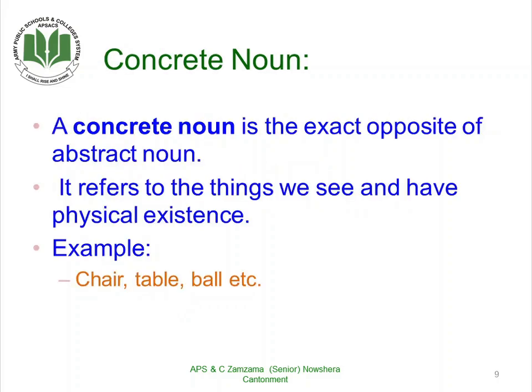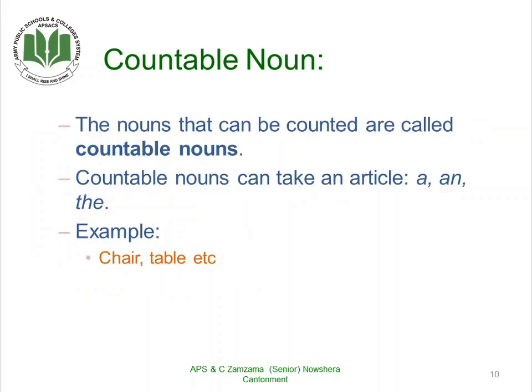Okay, beta. Now the next one is concrete noun. Here the concrete noun is the exact opposite of abstract noun. How? It refers to the things we see and have physical existence. For example, chair, table, ball, etc. Now, coming towards the countable noun, it can be regarded as a part of the concrete noun.